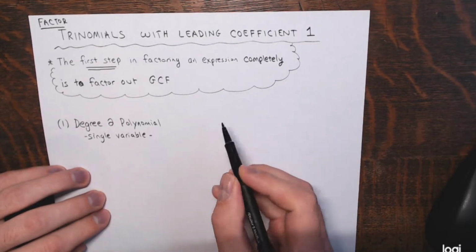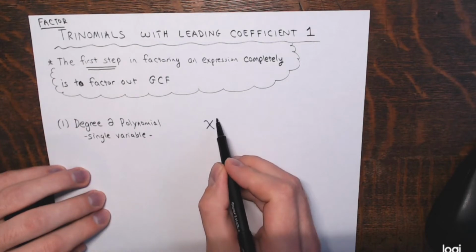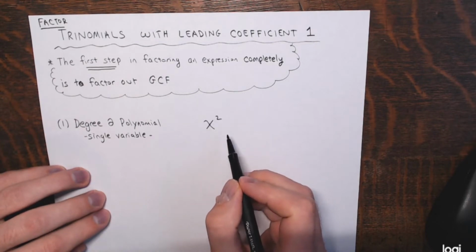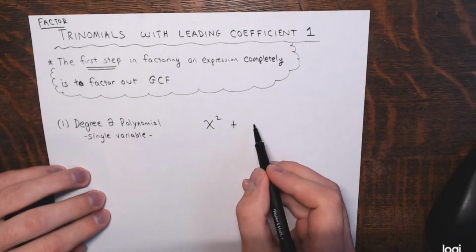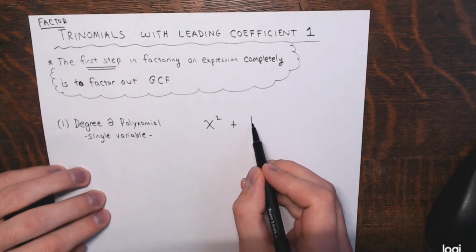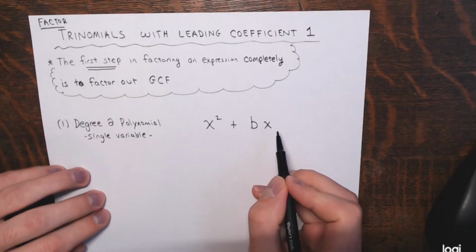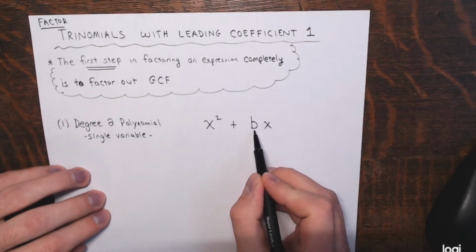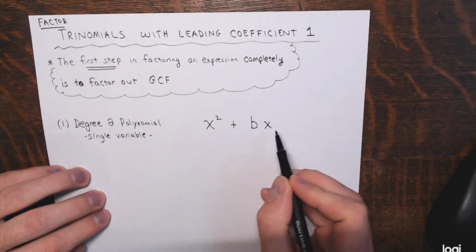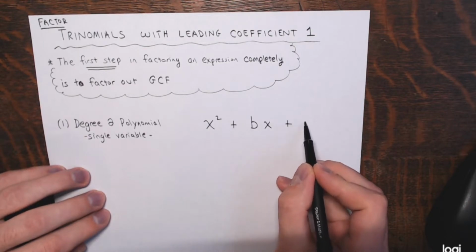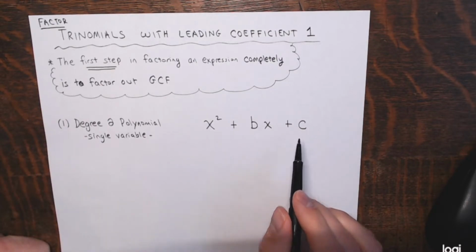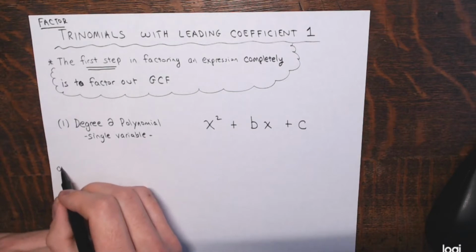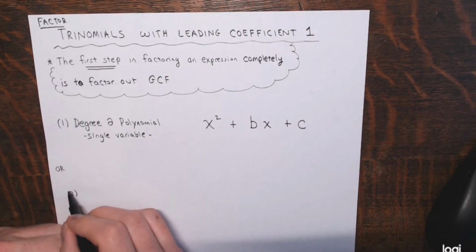So looking like this, x squared, or whatever the variable is, squared, there's your degree 2 term, plus some number b times x to the first, right? B is some constant like 2 or 3 or something. And then plus c.